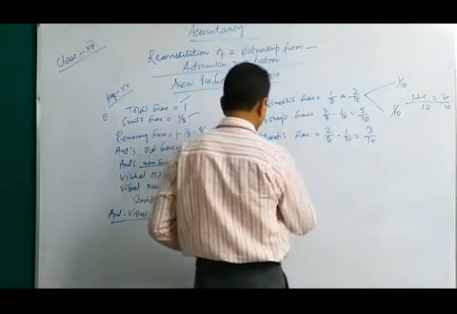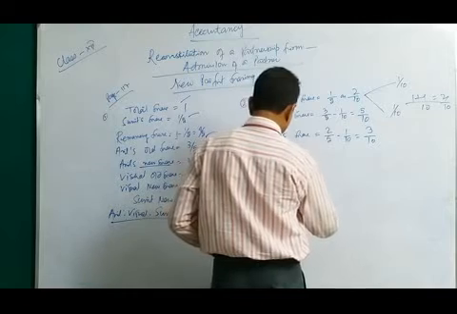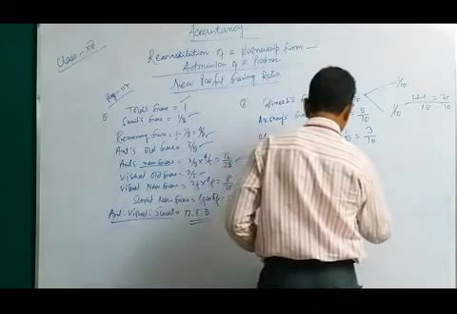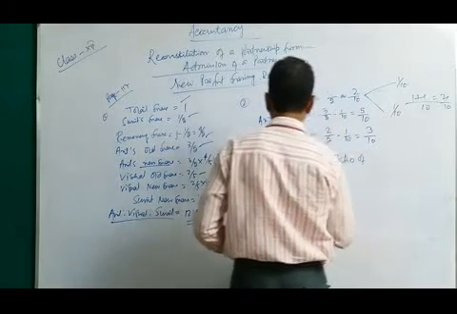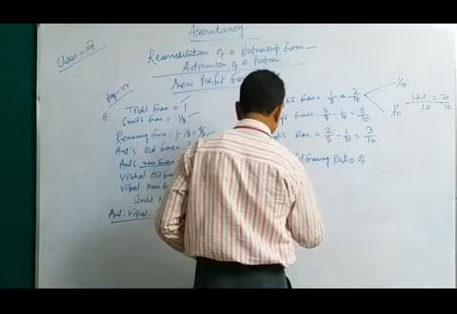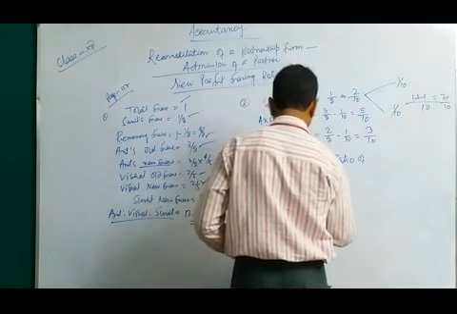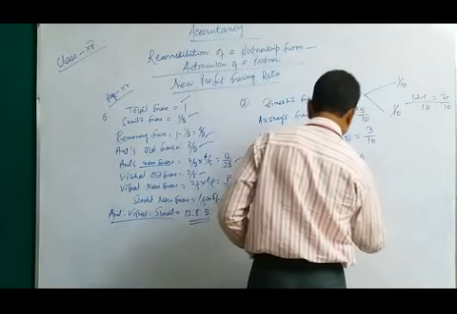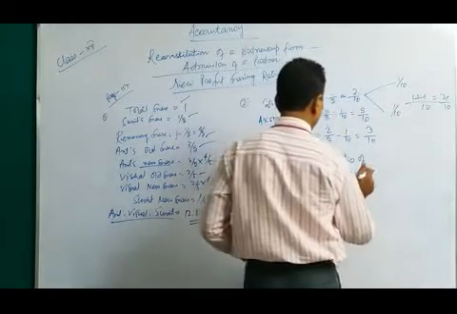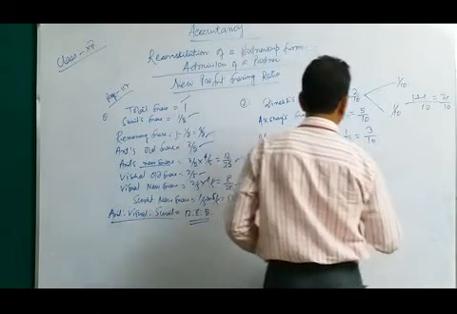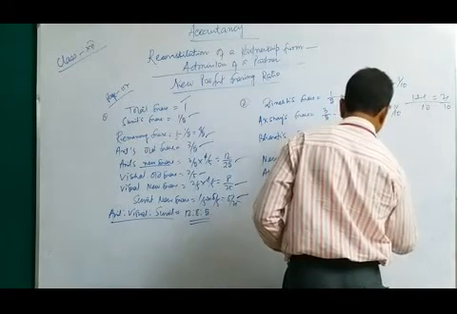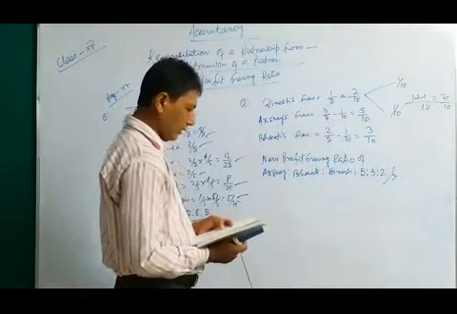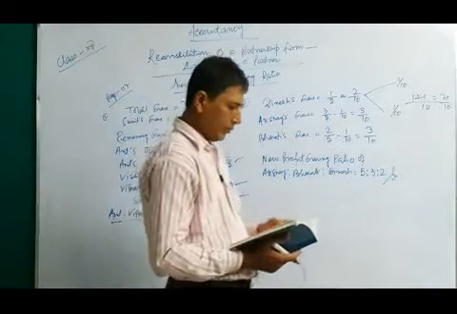The new profit sharing ratio of Akshay, Bharati and Dinesh is 5:3:2. Clear?